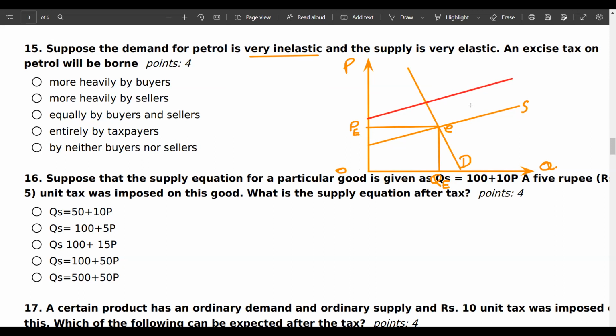As a result, you have a new supply curve. Supply curve has shifted to the left because of the excise tax being charged on the producer. And you have a new equilibrium now.